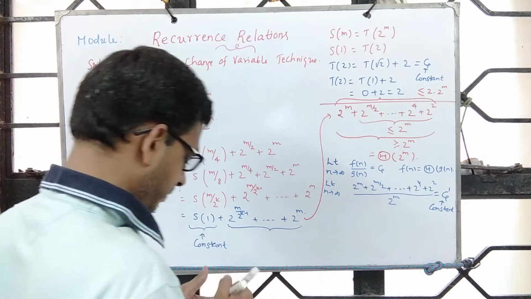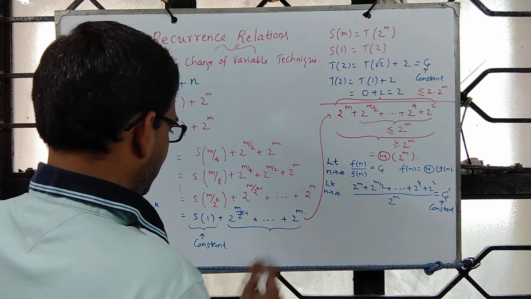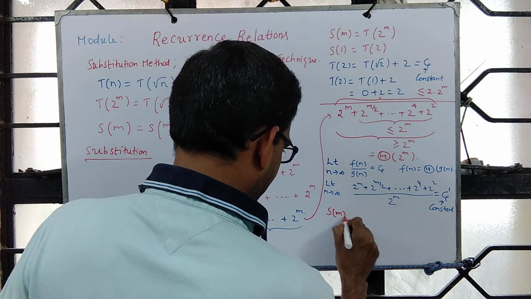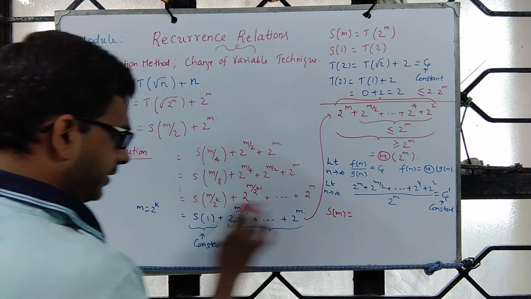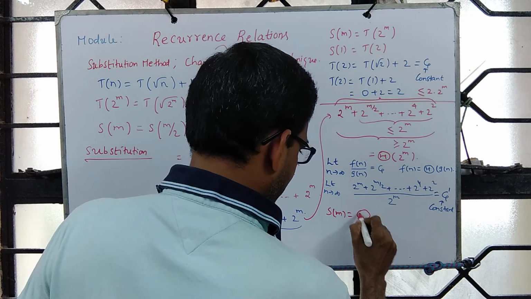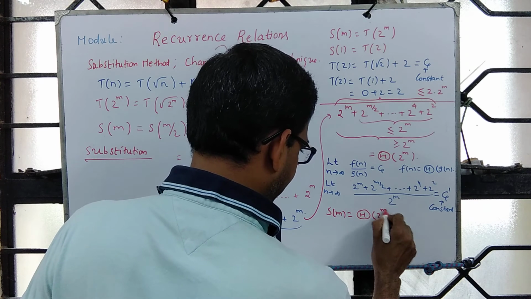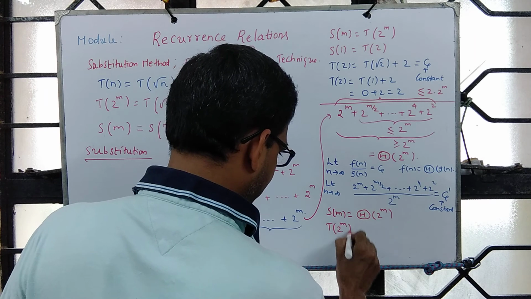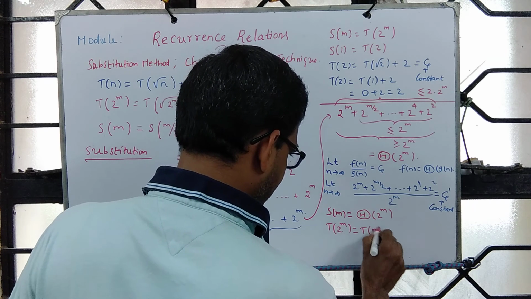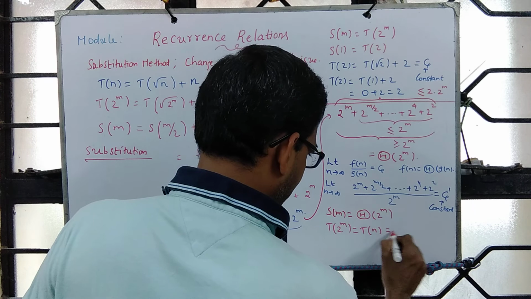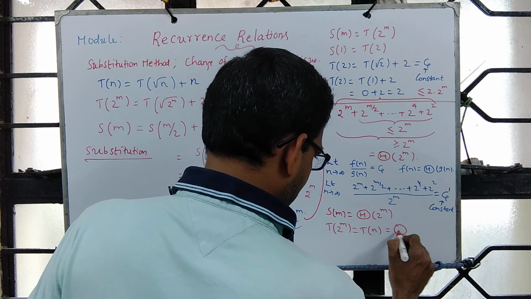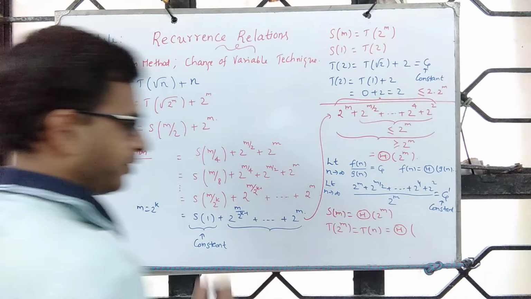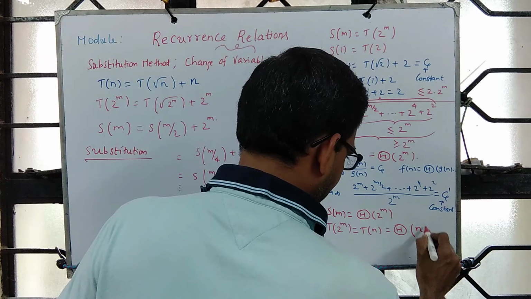And most importantly, this one, S(m), is equal to theta of 2^m, and this one is T(2^m), which is T(n), and when you come over here you will have to rewrite this. What is 2^m? 2^m is n.